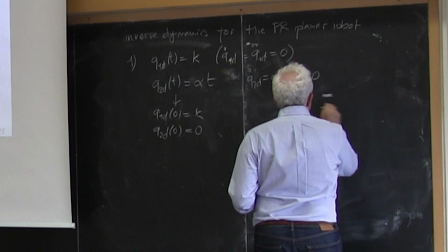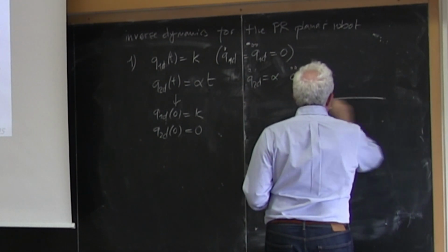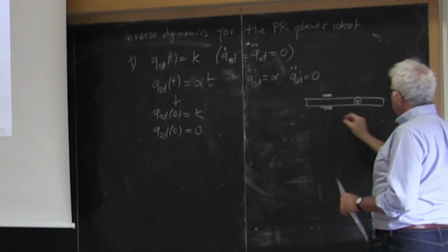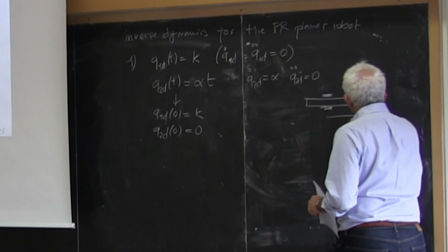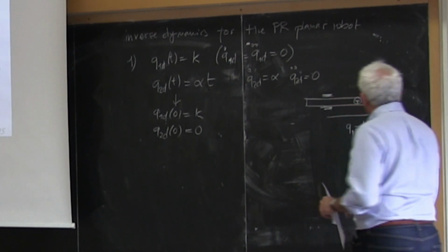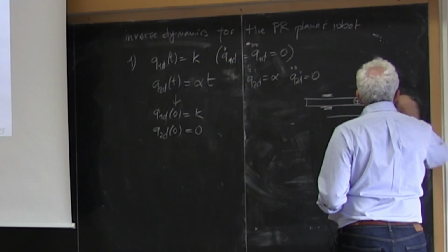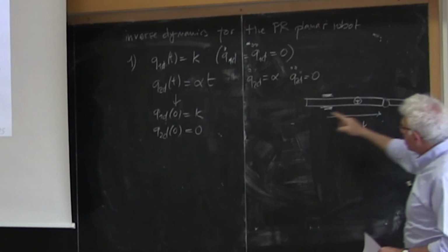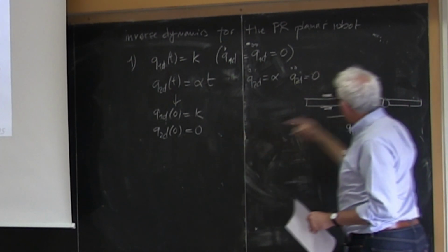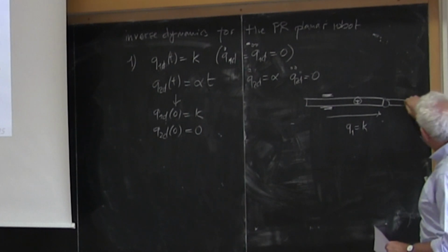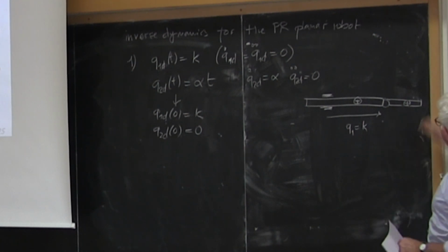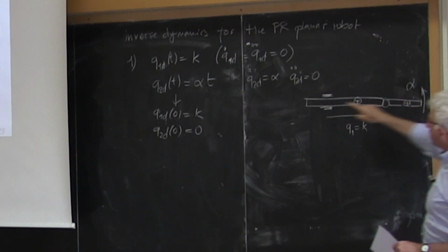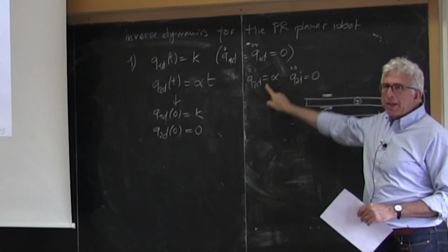We have the first prismatic joint, the first link is somewhere, so this value Q1 is constant, and the second link is in the 0 configuration, so it's aligned with this. The center of mass will be somewhere here, but has some initial velocity alpha going up. Okay?